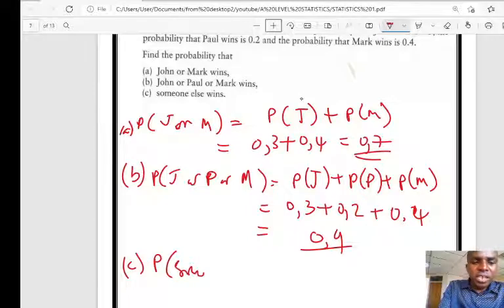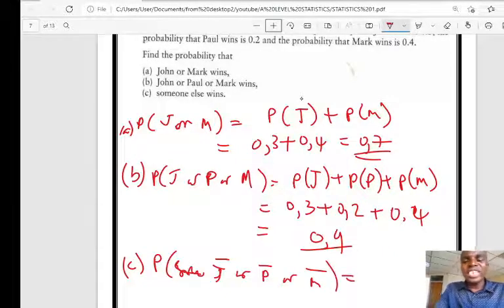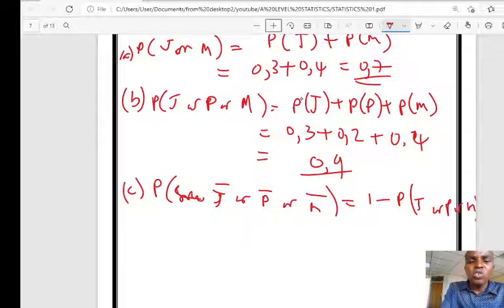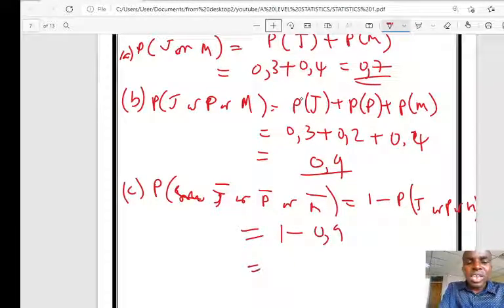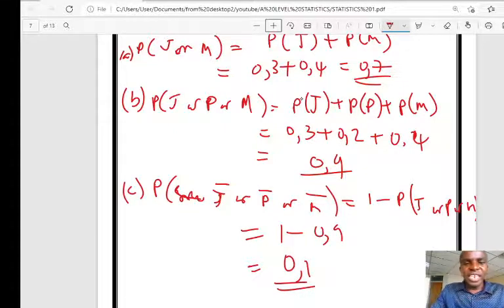In this case, you can just say 1 minus the probability that John or Paul or Mark wins, right? So it's 1 minus probability of John, Paul, or Mark wins, which is 1 minus 0.9, 0.1. That's the final probability. Then you can say done.